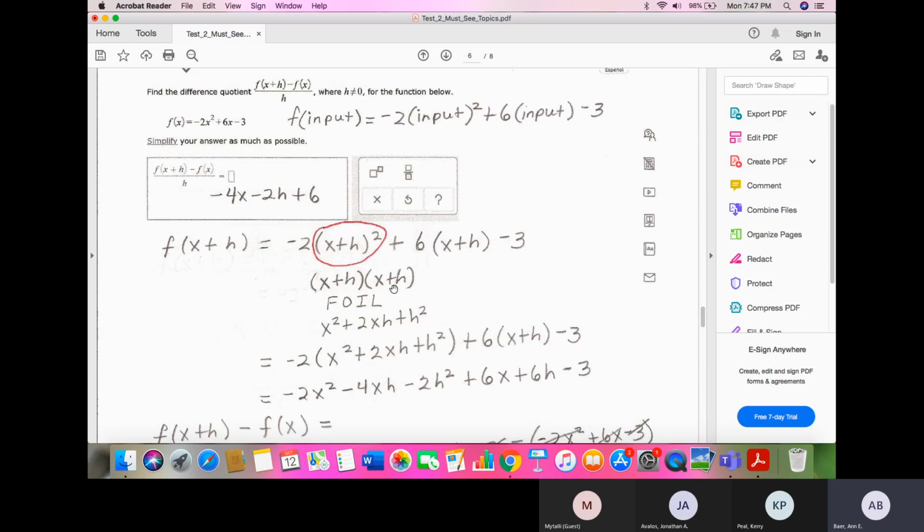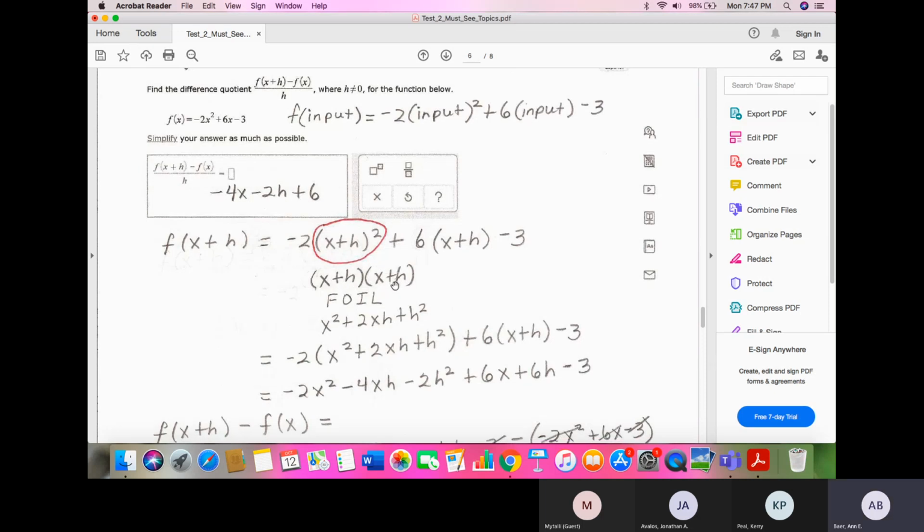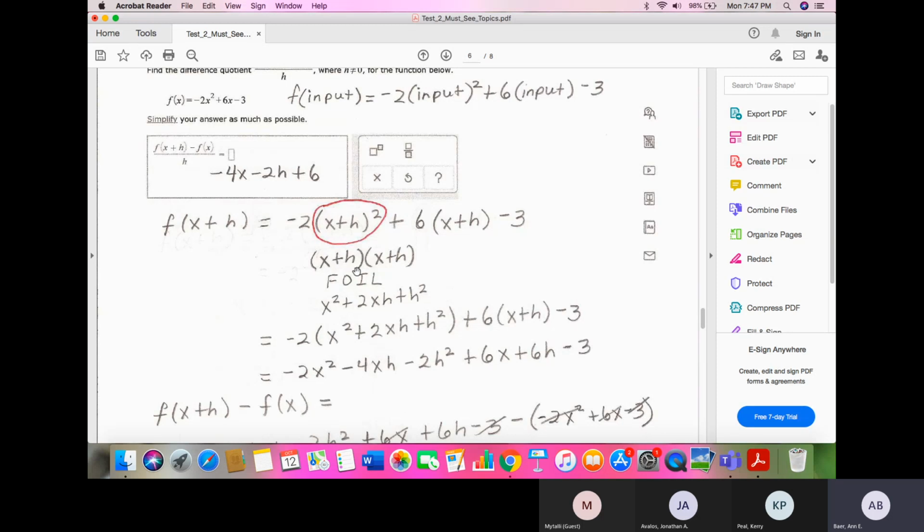That's x plus h times x plus h. An exponent is just a mathematician's way of quickly stating we want repeated multiplication. So we now want to multiply these together. This is 2 terms times 2 terms, so we can FOIL.